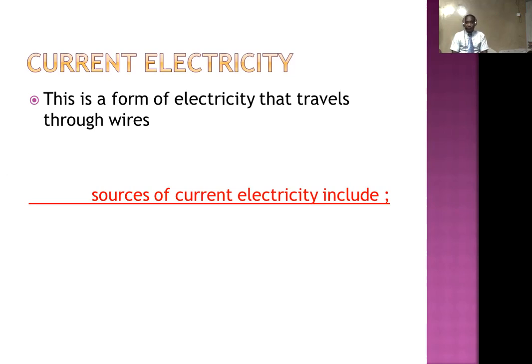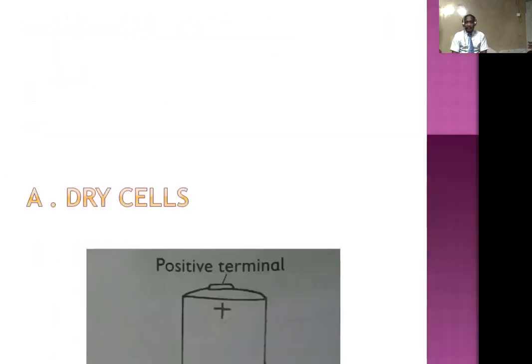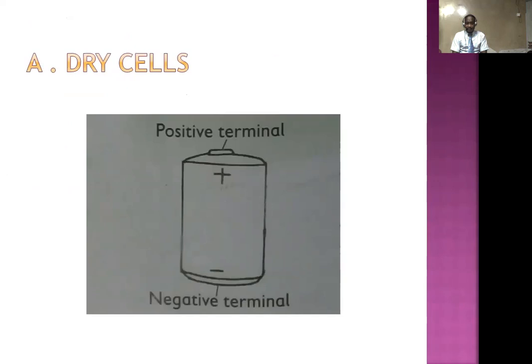Pupils, we want to have a look at a dry cell. Dry cells have special chemicals that produce electricity. This electricity in dry cells is used in torches and radios. A dry cell has two terminals.